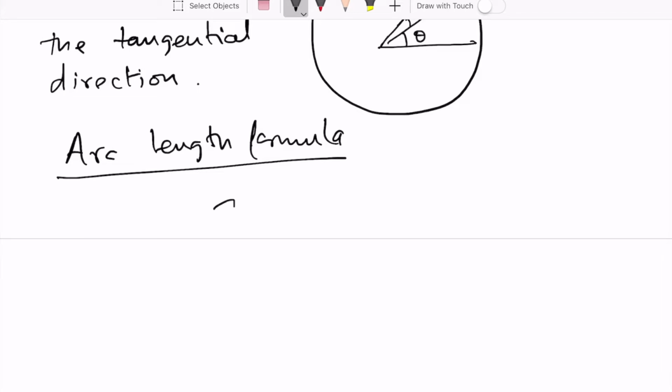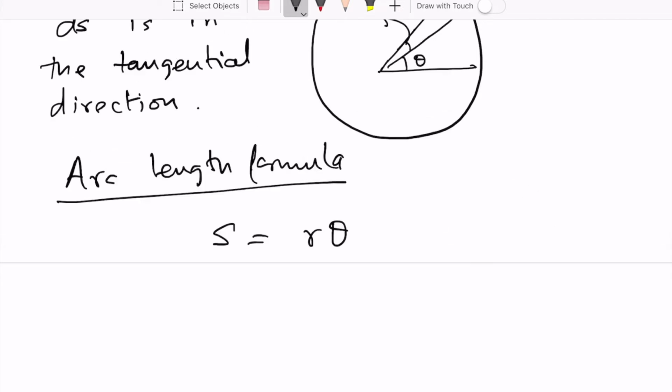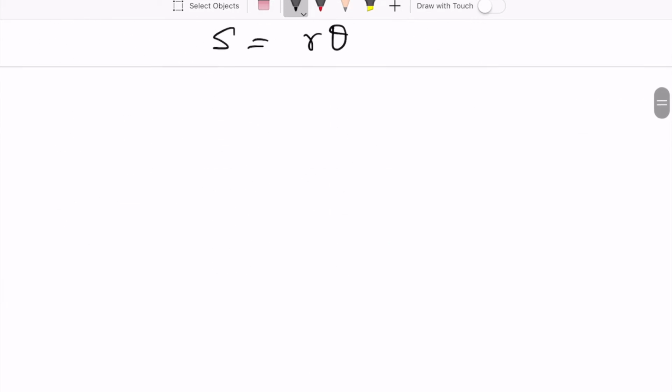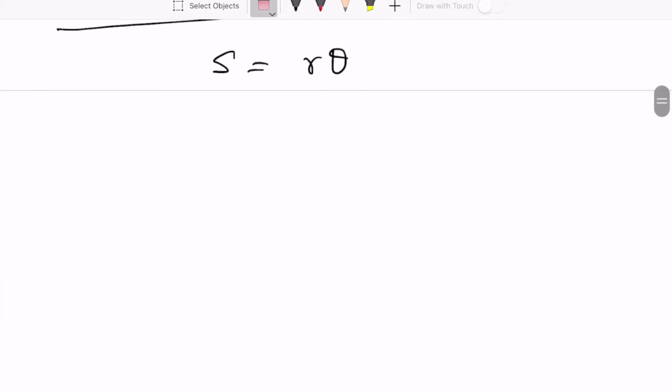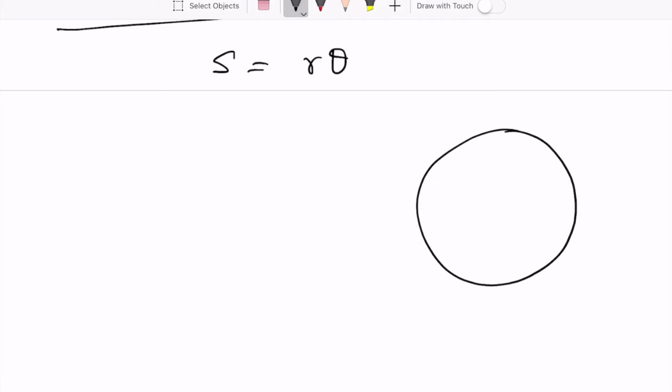We say that S, the arc length, is equal to r theta. Okay, so S is equal to r theta.